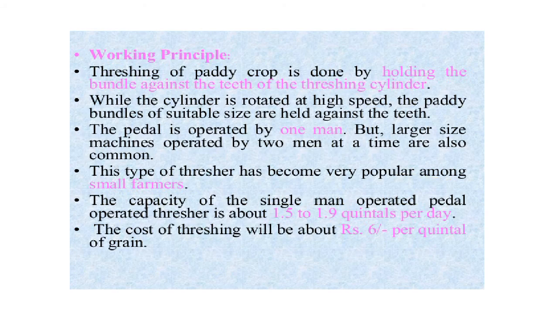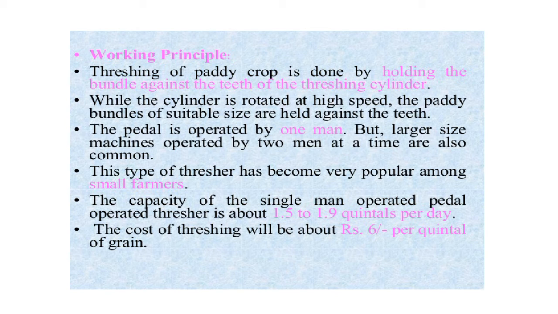Now the working principle of this paddy thresher: threshing of the paddy crop is done by holding the bundle against the teeth of the threshing cylinder while the cylinder is rotated at high speed. Paddy bundles of suitable size are held against the teeth, and the pedal is operated by one man, but a larger size machine operated by two men at a time is also common.